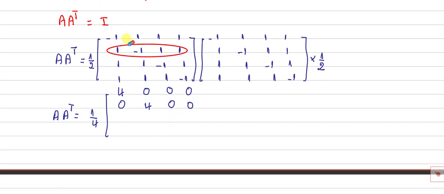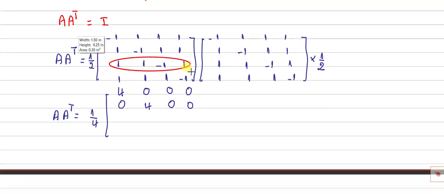And the next we go to row 3 with column 1: 1 minus 1 plus 1 minus 1, so it is equal to 0. Row 3 with column 2: 1 minus 1 minus 1 plus 1, so it is 0.